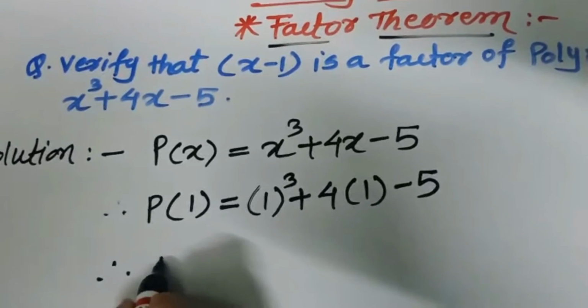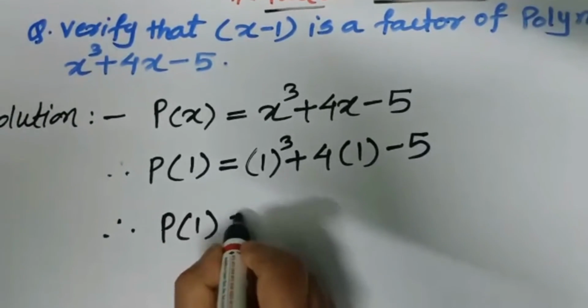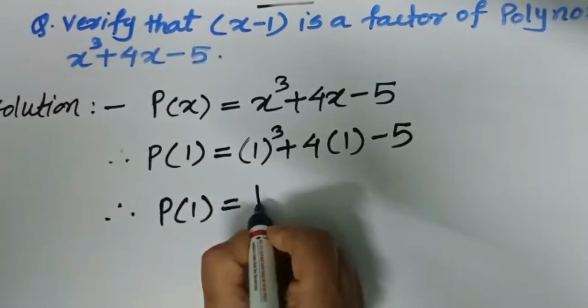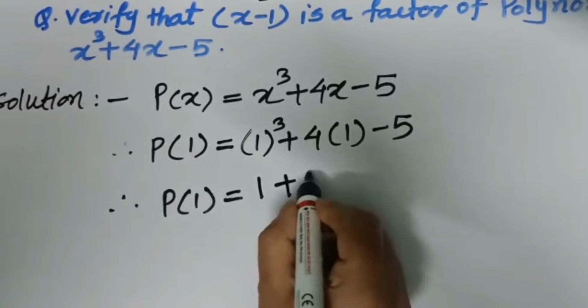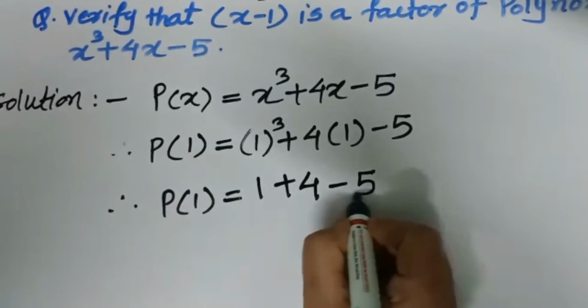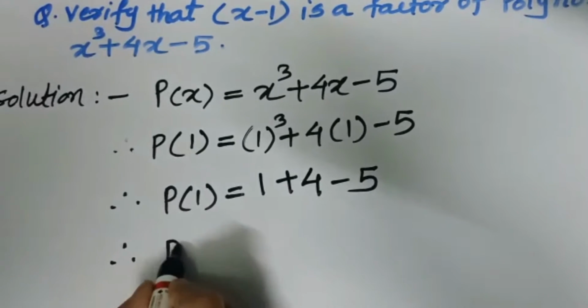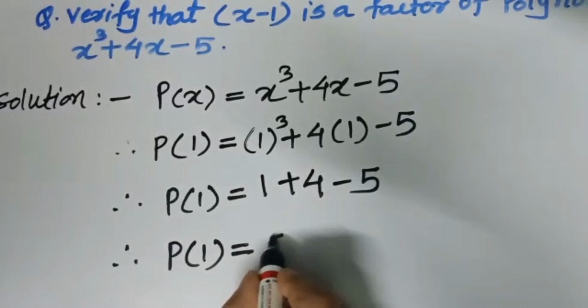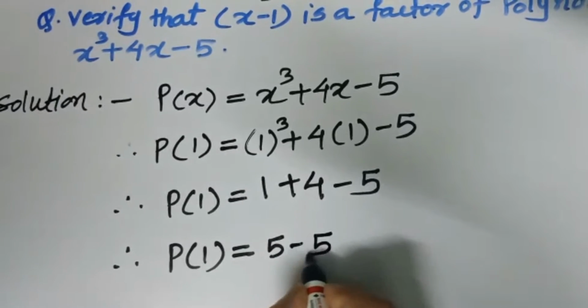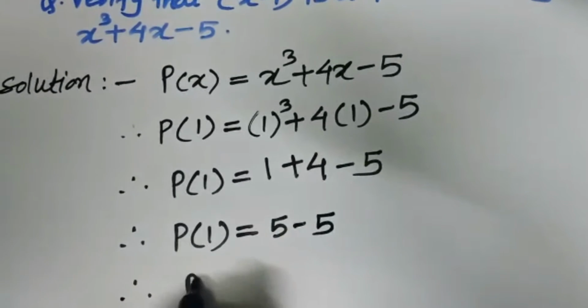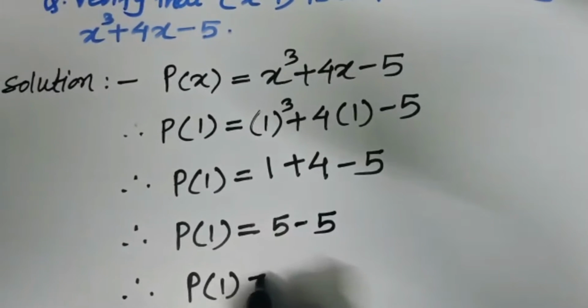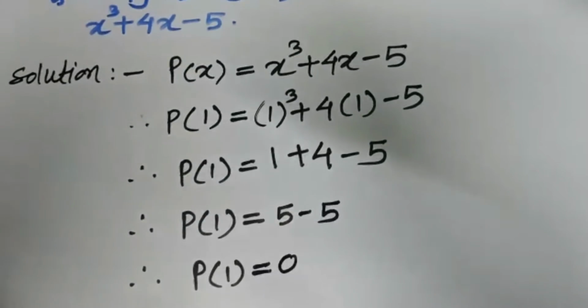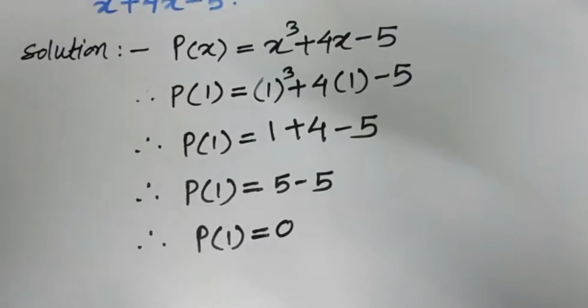Therefore p of 1 is equal to cube of 1, which is 1, plus 4 ones are 4, minus 5. So 1 plus 4 is 5, and 5 minus 5 is 0. So here the remainder is 0.